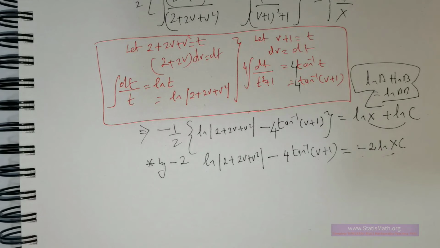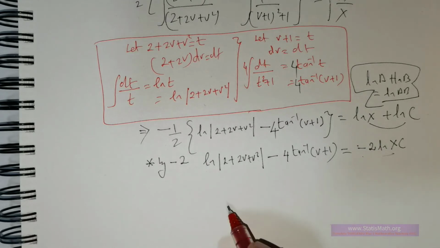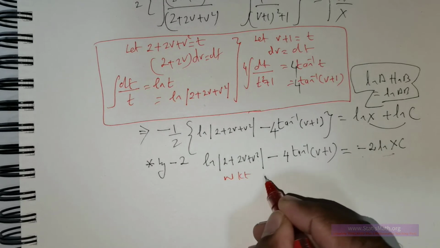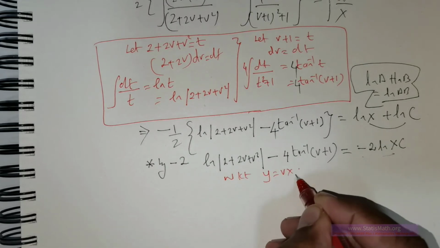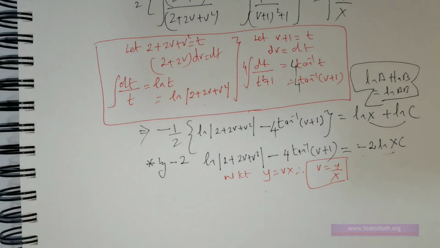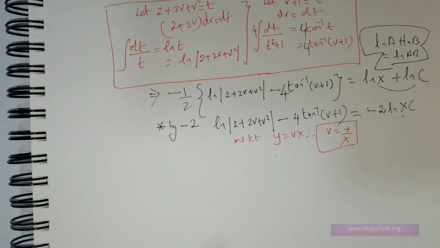Having obtained this expression, I need to now substitute. We know that y is equal to vx, therefore v is equal to y over x. So make the substitution and complete the solution.